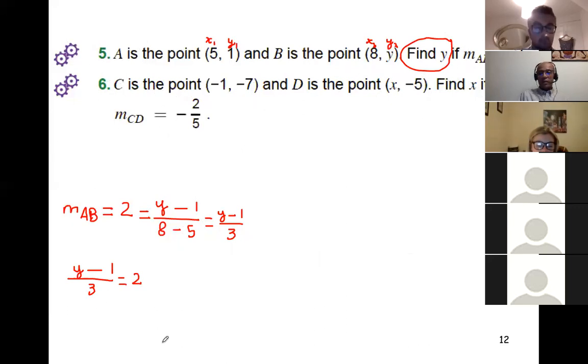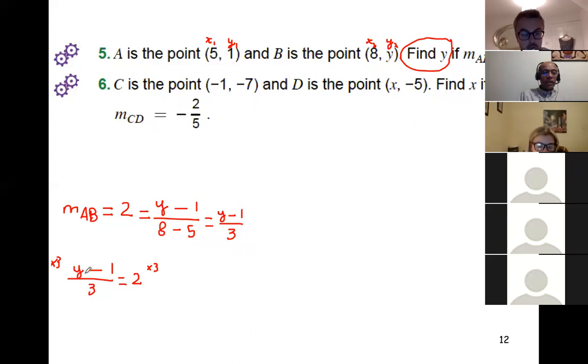To do this, the first thing you do is you need to get rid of that 3. The fraction sign just means divide by 3. What's the opposite of dividing by 3? Multiply by 3. So if I multiply by 3 this side, when you do this, because you've got an equation, you need to multiply by 3 the other side. That will get rid of that fraction. Yeah?